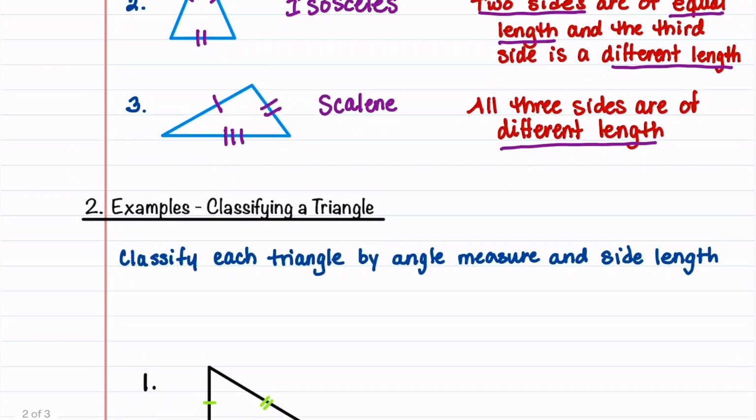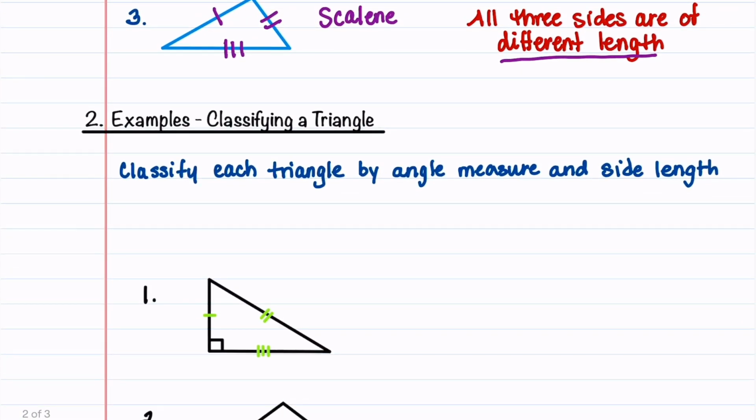Let's now do some examples where we're given a triangle and we need to classify it. So we're going to classify each triangle by its angle measure. So let's just write down our 3 choices. It could be acute, it could be right, or it could be obtuse.